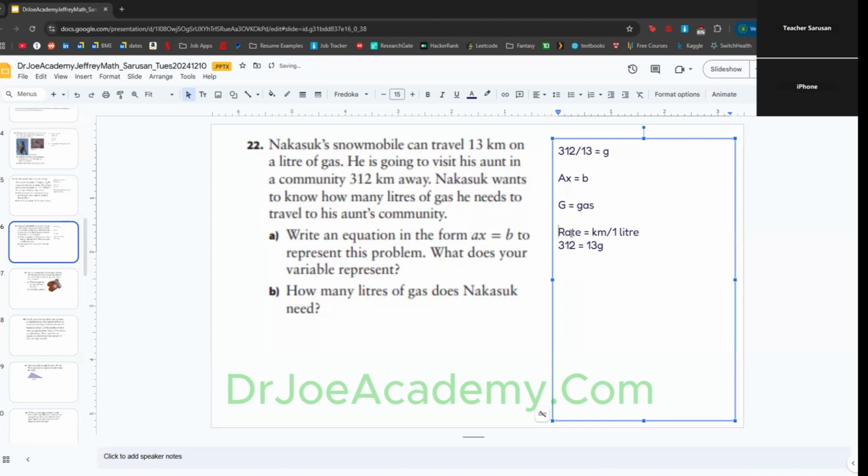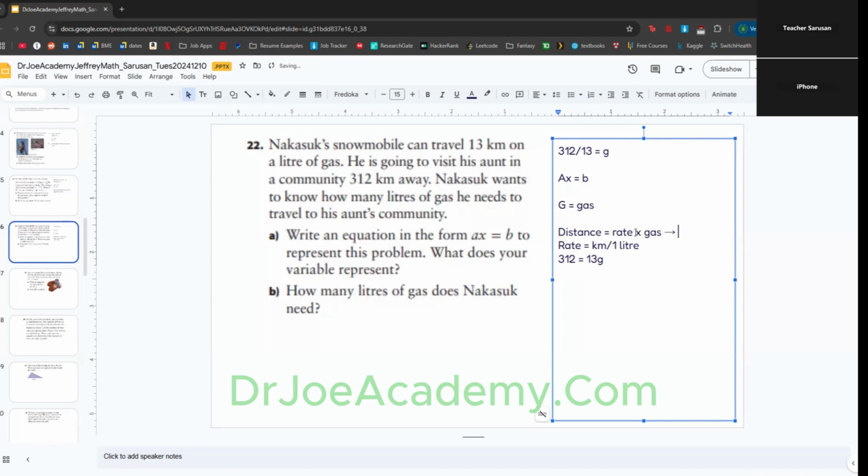All right, so distance equals rate times gas. Or if you want to write it differently, you can say D equals RG. We already have D. We already have R, our rate.